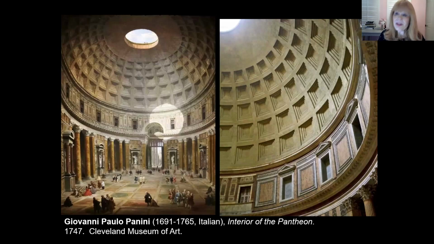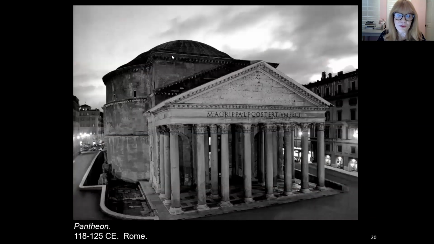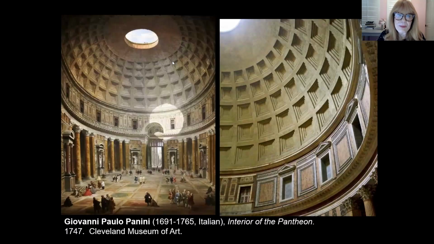It is open to the sky, so rain does come in, but in the marble floor, there are many drains that would help to drain the rain off. And I love this particular painting because it looks like there's just a couple of fellows who have climbed up to the top. I don't know how you could do that. It's a rather formidable building. But in any case, you see the blue sky in the background.